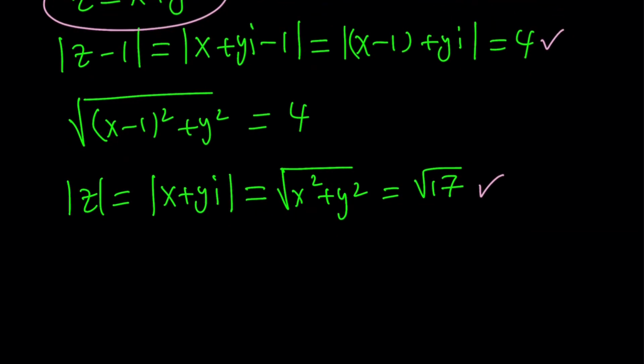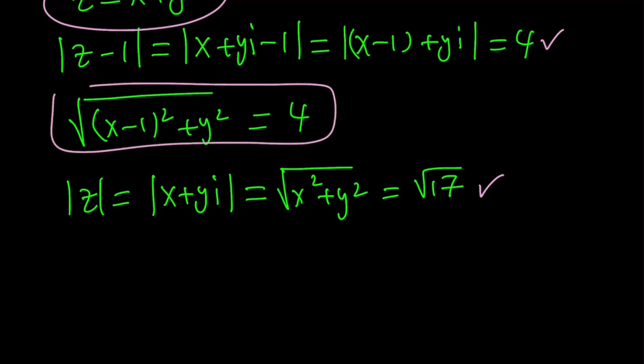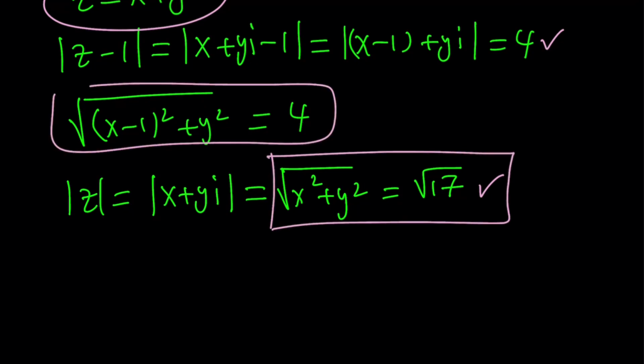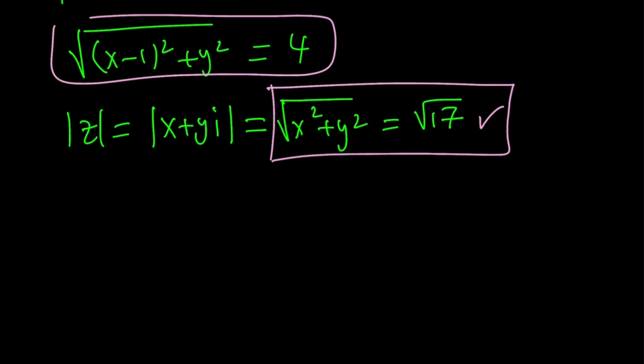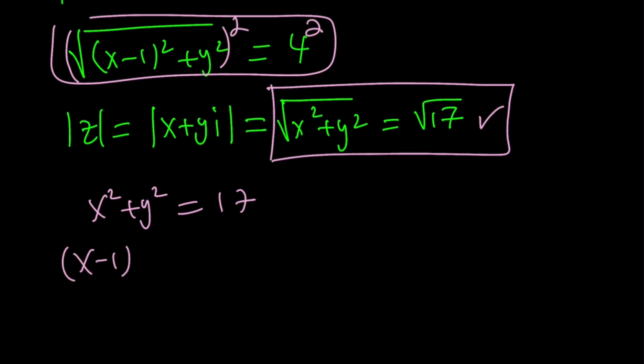So if you square both sides here and here, you get polynomial equations. Let's go ahead and do it. And how about doing the second equation first? x squared plus y squared equals 17. If you square both sides of the first equation, you get x minus 1 squared plus y squared equals 16.